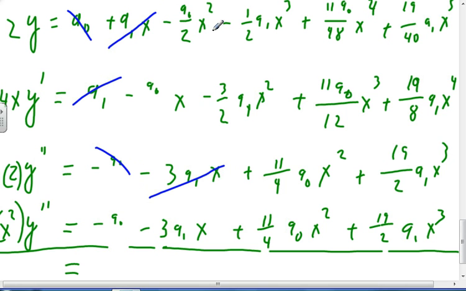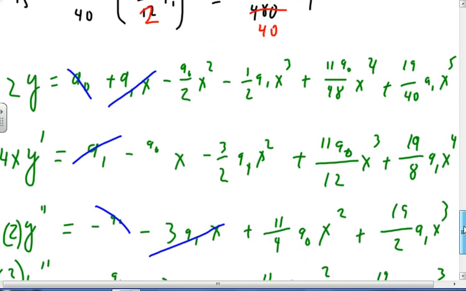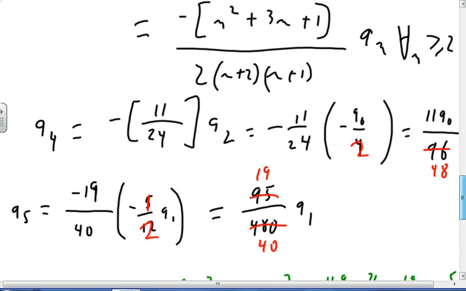My x squared term, I have minus 1 minus 5 minus 6, minus 6, that's not right. I got minus 6, and that's 11 over 2. We want that 11 to be a 12. That would be better.